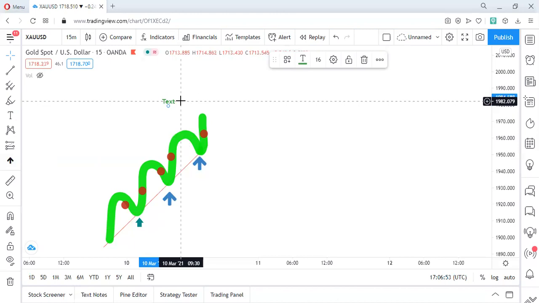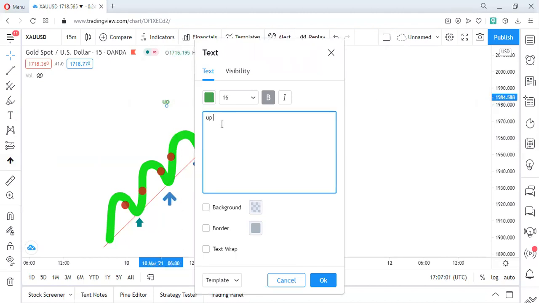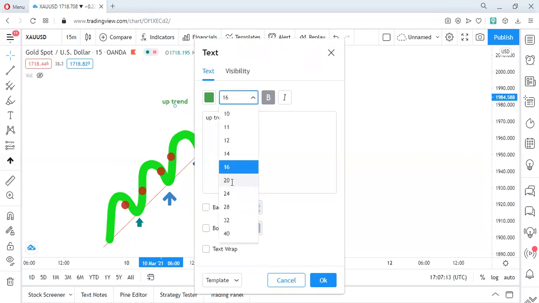This is an uptrend. So an uptrend we'll give a green. Let's change this font and then let's make it 20 so that it can be visible on your screens.